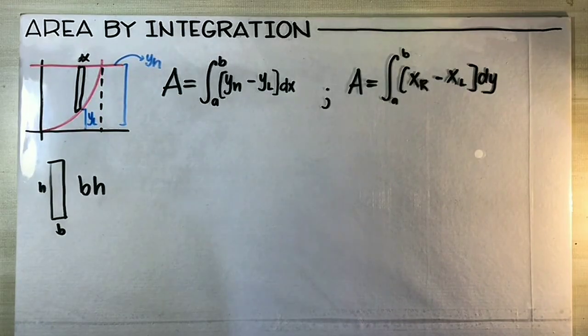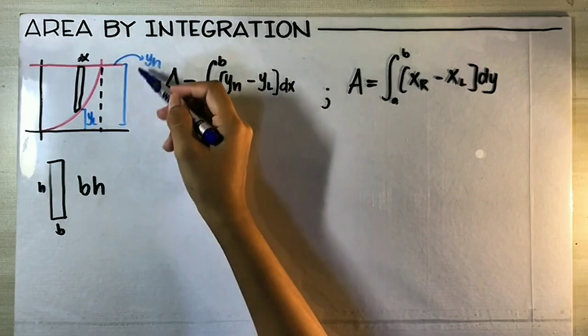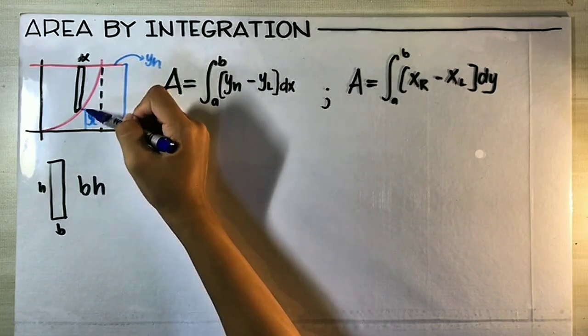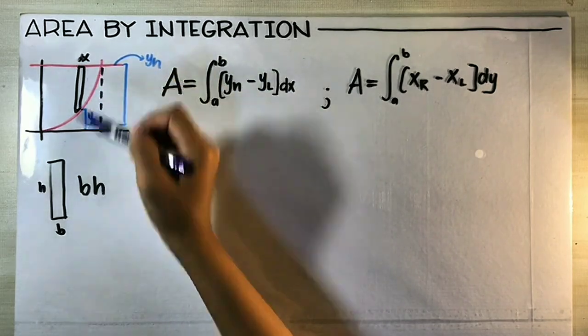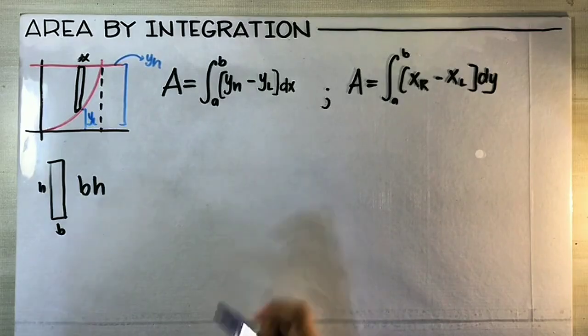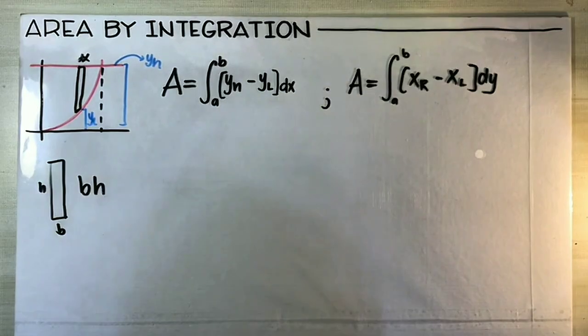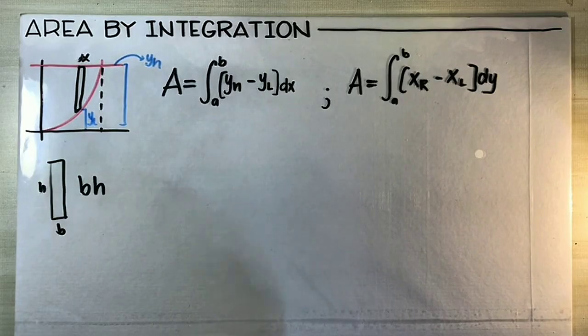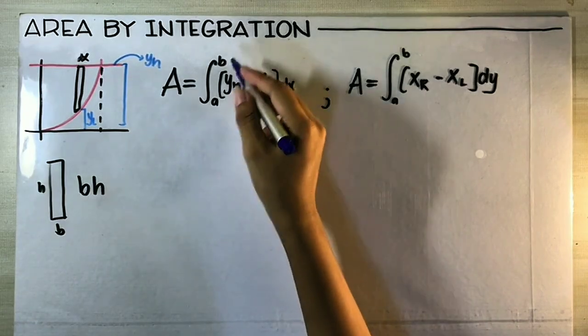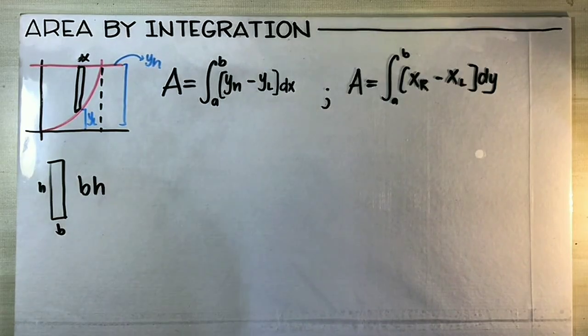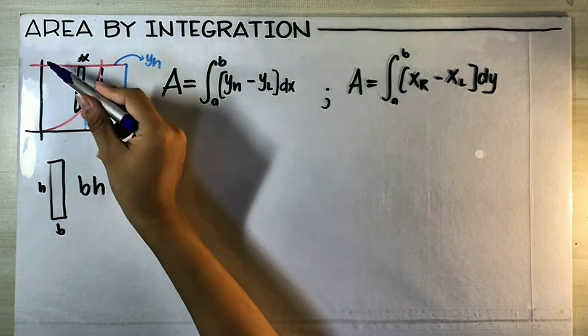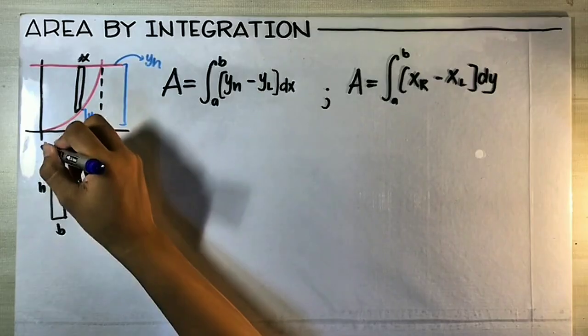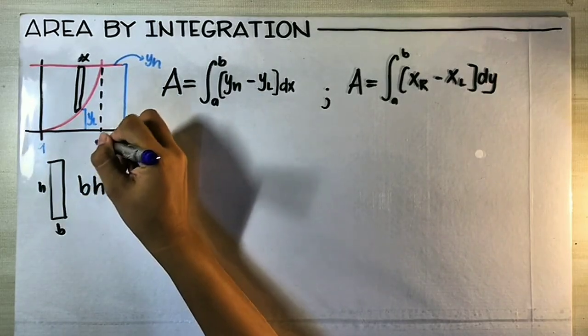If we subtract these two, we can get the height of the strip here. So that is where the formula comes from. Of course, since we use the infinite integration, we have to put limits. So our plane is from here to here. Let's make this a to b.